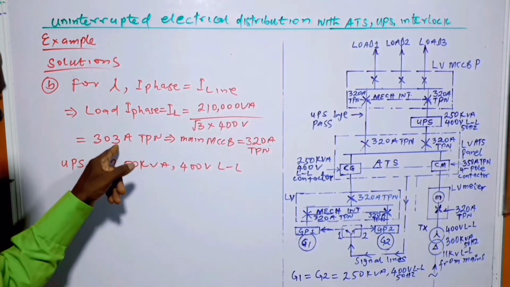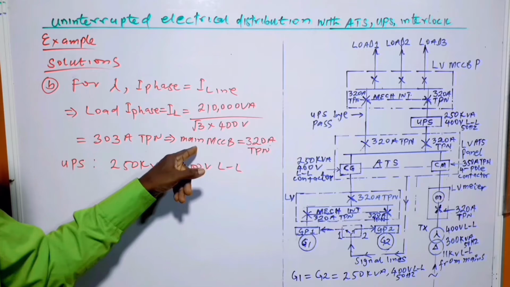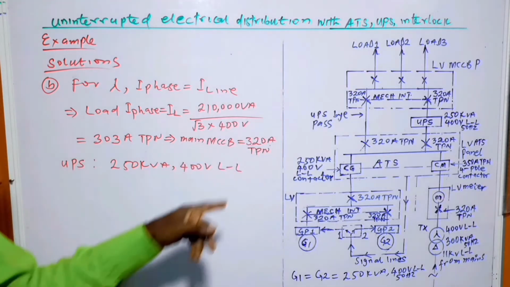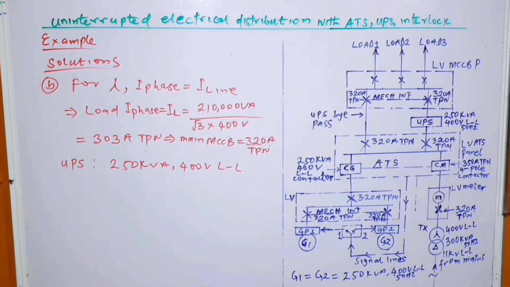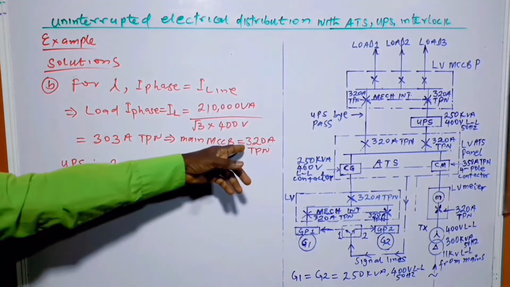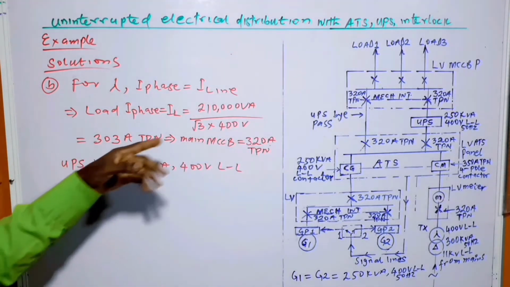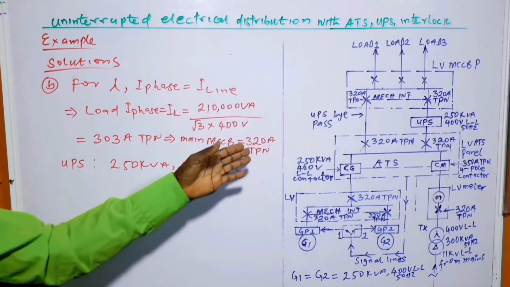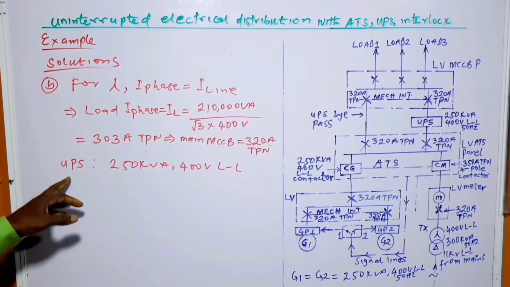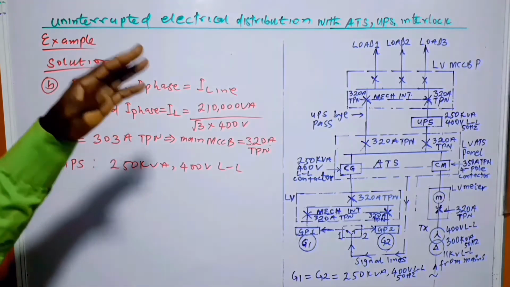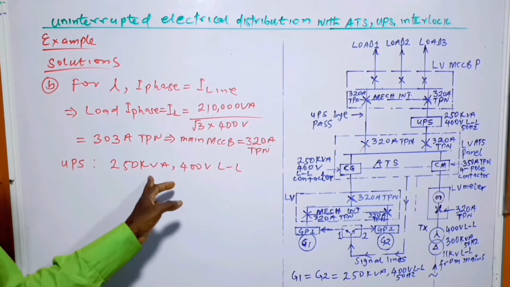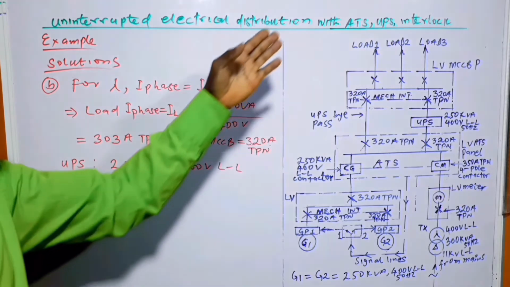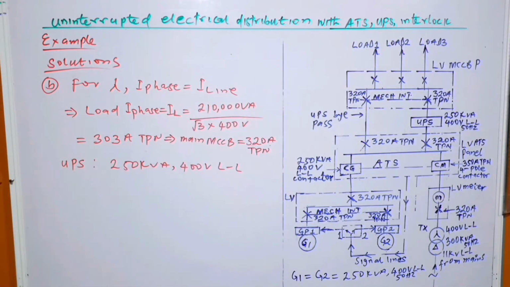From here we can determine the main MCCB to be 320 triple phase with neutral, since this is the next available MCCB, that is moulded case circuit breaker. So the UPS size is 250 kVA. It has to be slightly greater than the load requirements.